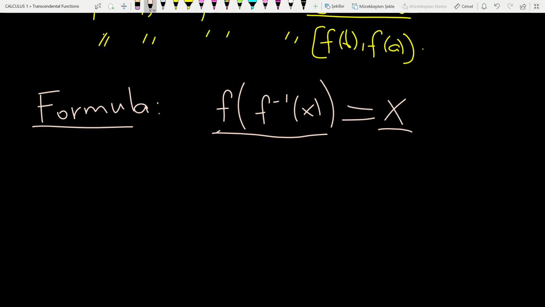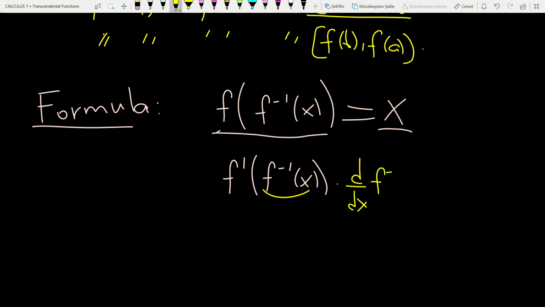If we differentiate this identity with respect to the variable x, I use the chain rule: derivative of f, I do not change the inside first, times derivative of the inside with respect to x, is equal to the derivative of the right-hand side, which is 1, right?